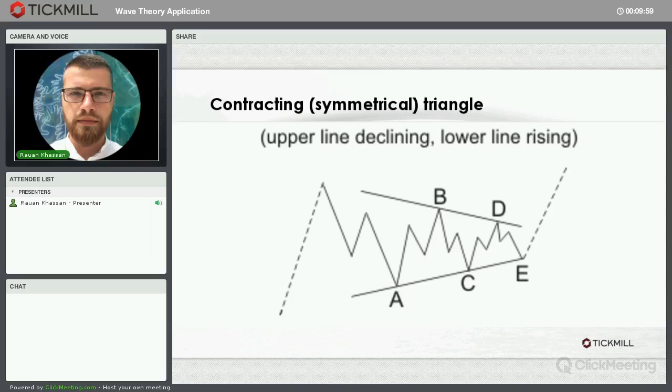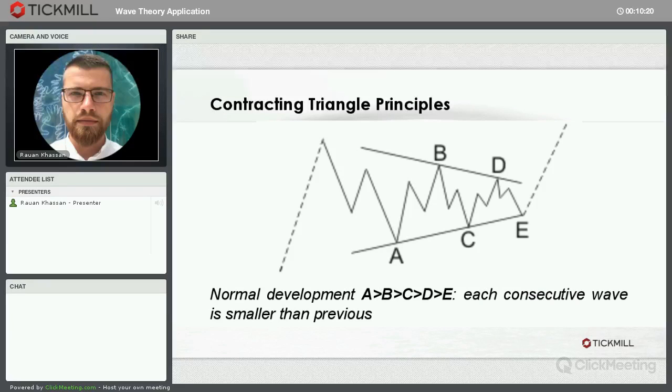If you see price formation with the upper line declining and the lower line rising, so the lines are narrowing in the direction to each other, then you're probably familiar with the symmetrical triangle.